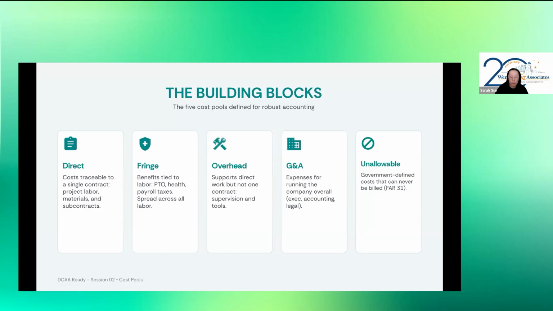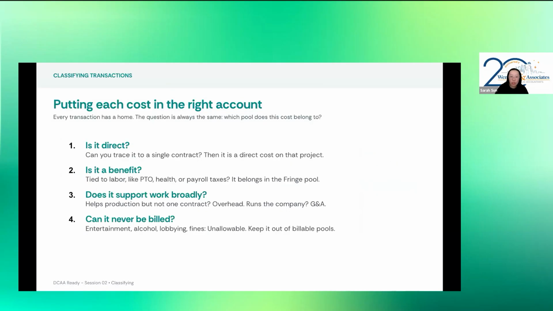Now that we understand the cost pools, the next question becomes, where should each transaction go? Once you have the chart of accounts ready and you're about to enter a transaction, you can ask yourself a few simple questions. First of all, can this cost be directly traced to a contract? If so, then that will be a direct expense. Or is it an employee benefit?